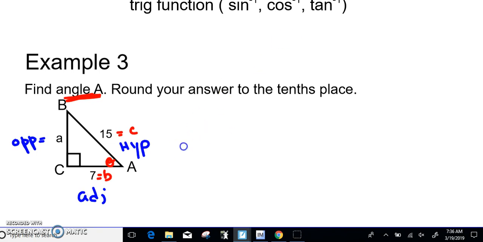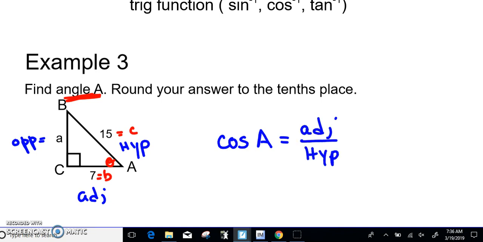All right, so they gave us angle A, that we're trying to find, and they gave us side C and side B. They gave us the adjacent side and the hypotenuse. So if you remember from SOHCAHTOA, that means we're using cosine, because remember, cosine is adjacent over hypotenuse.